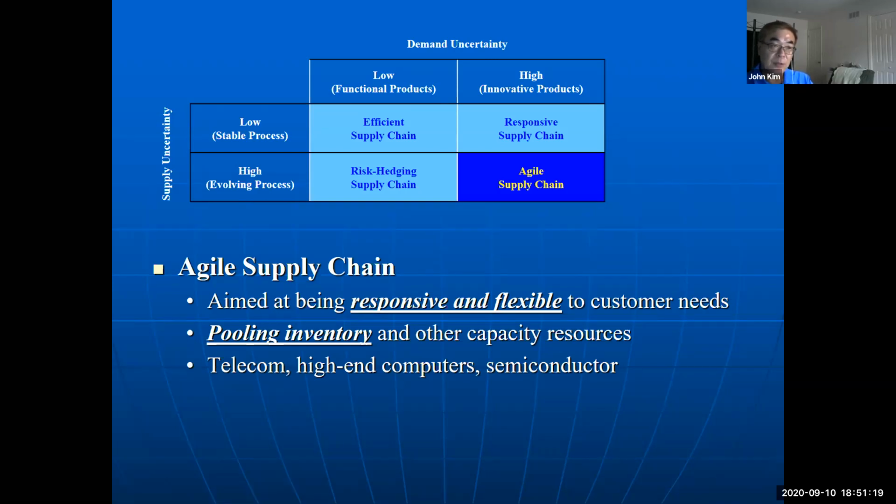So one time Sprint was one of the biggest telecommunication companies, but now T-Mobile merged Sprint. So depending on demand and supply uncertainty, they should use different supply chain strategies like this.